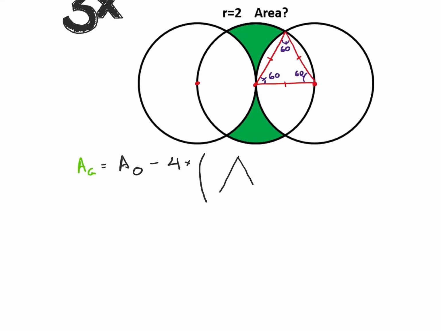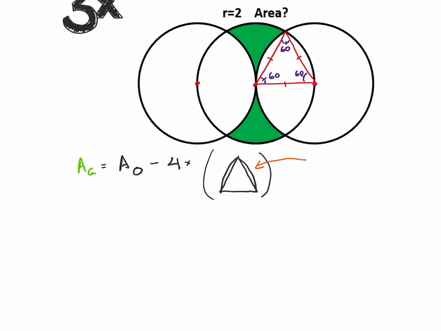So I have this equilateral triangle, and then I have these little curves coming around the outside. We're going to subtract 4 times that shape, and by symmetry, that's going to give us the area of our whole figure. So really the question becomes, what on earth is the area of this little figure here?